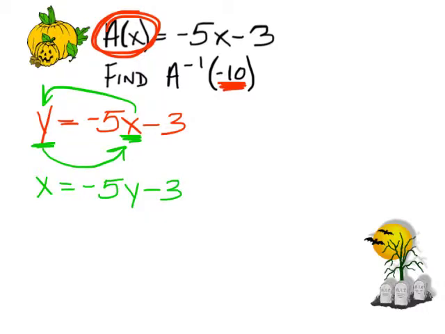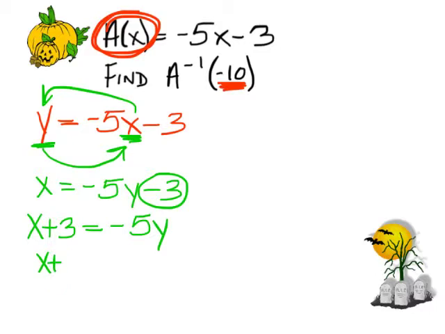You must solve this equation for y and get y by itself. To get y by itself, we must remove anything that is added or subtracted to it. So this gets moved to the left and becomes plus. And you're left with negative 5y on the right. To get y by itself, you must divide both sides by a negative 5.